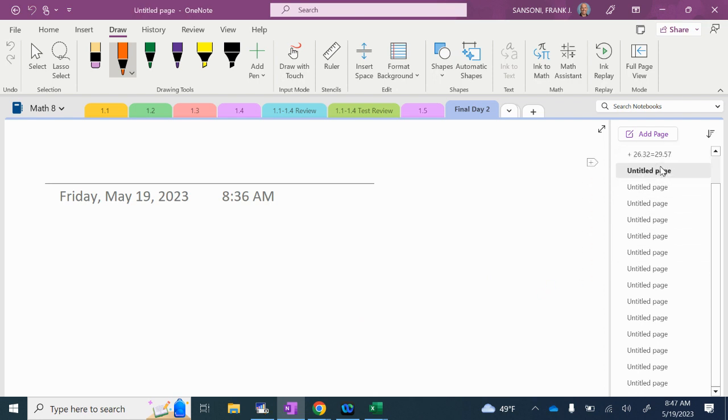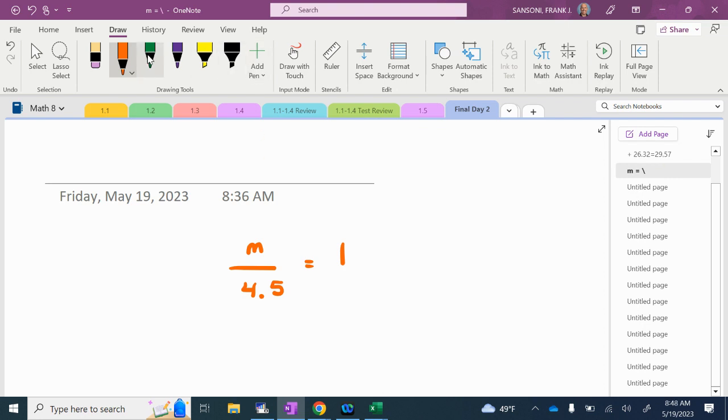26, still light work. I've got m divided by 4.5 equals 1. I want to get m by itself. So if I'm dividing by 4.5, what's the opposite of dividing by 4.5? Multiply.